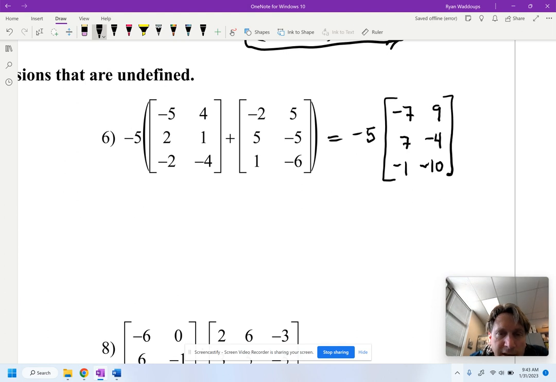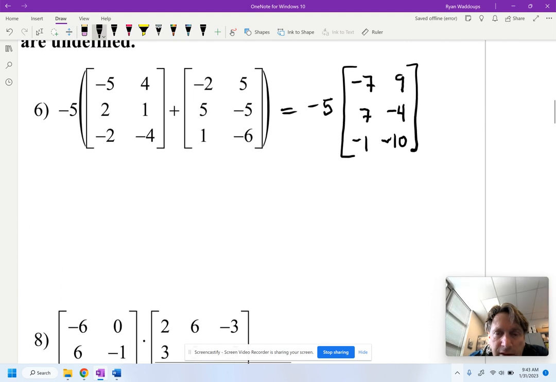Now we can multiply that scalar, negative 5, times each element inside. Negative 5 times negative 7 is positive 35. Negative 5 times 9 would be negative 45. Negative 5 times 7 would be negative 35. Negative 5 times a negative 4 would be positive 20.